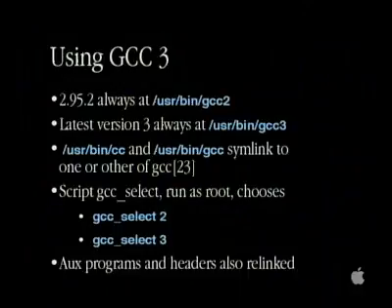To switch back and forth, we have a script called gcc_select. You just say gcc_select 2, gcc_select 3, and this will flip all the symlinks. So you can have a makefile that refers to gcc2 literally, and you can always refer to that. You don't have to worry about the switching. For anything where you just want to refer to cc and try it both ways, the select script is available. And again, that's going to be part of Jaguar for some time.